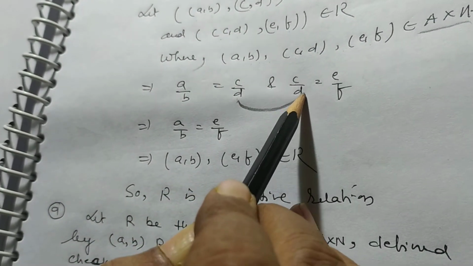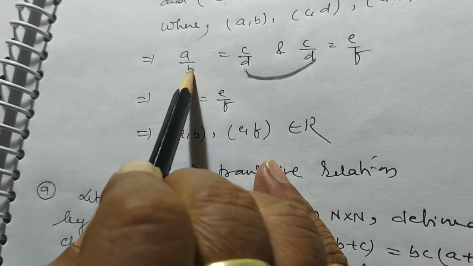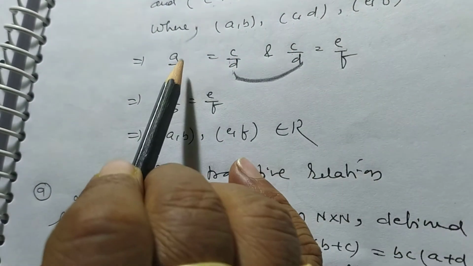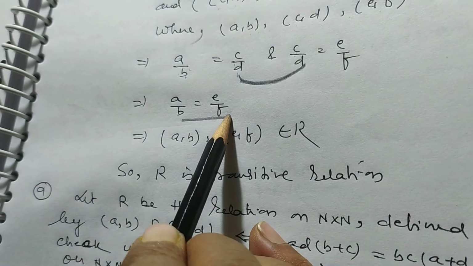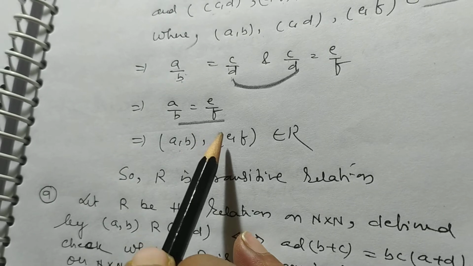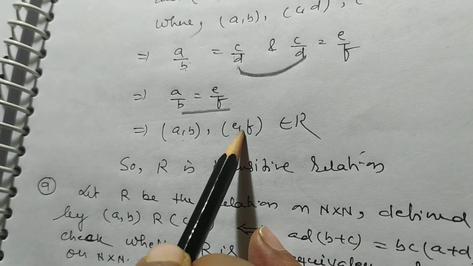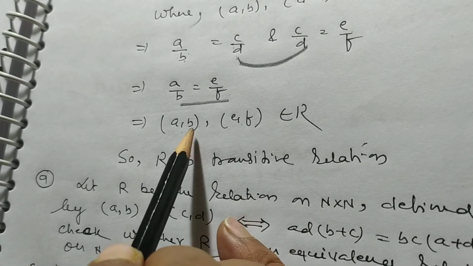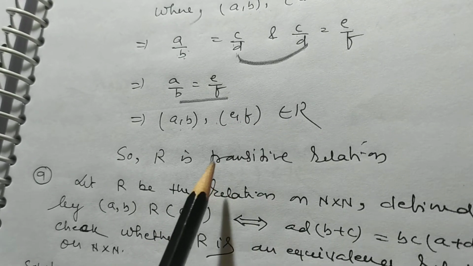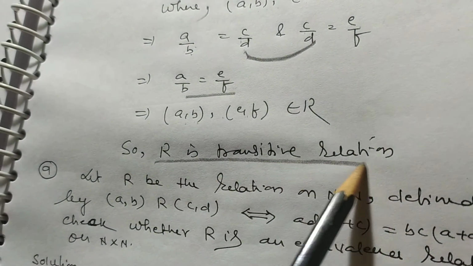This is a common one. AB is equal to CD and CD is equal to EF. This implies AB is equal to EF. This is true. So AB related to EF, which belongs to R. So R is a transitive relation.